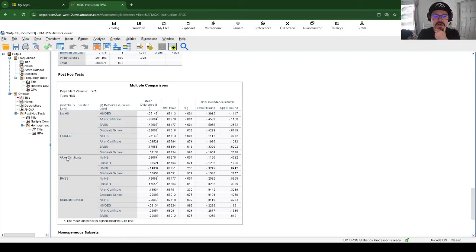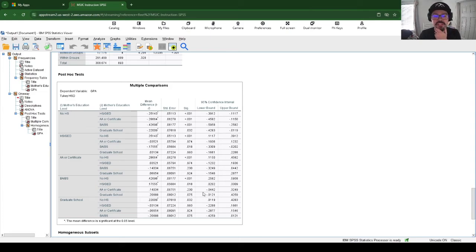We have between AA and BA, and there is no significance, and between AA and graduate school, there's no significance. For BA, compared with no high school, still significance. We've already seen this, so we don't need to report on it again. Between bachelor's and high school, we've already seen that there is significance. We learned this in this second set of comparisons, so we don't need to report on that again.